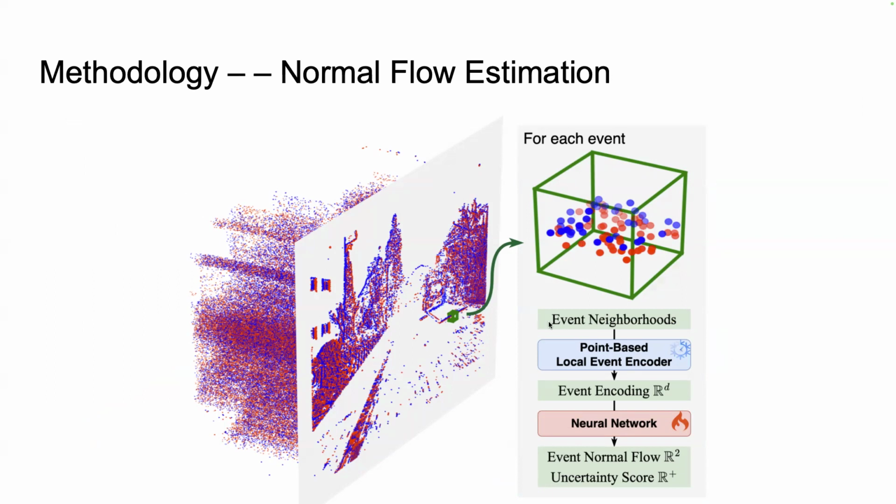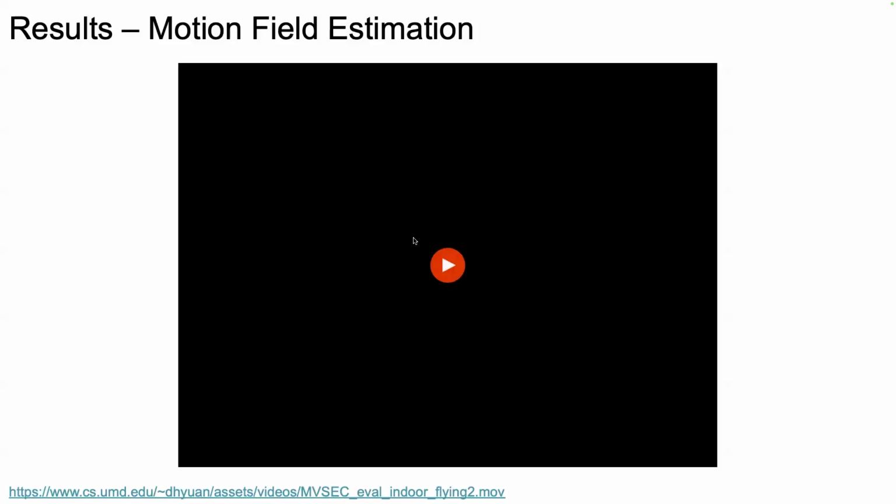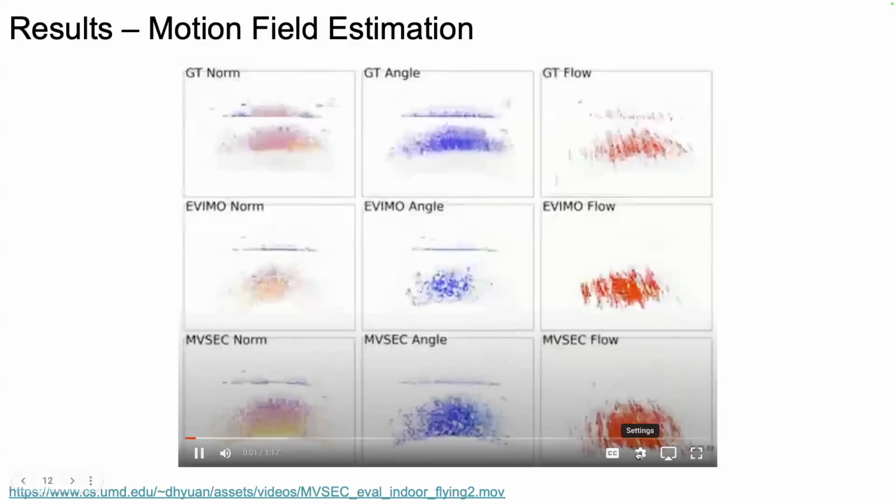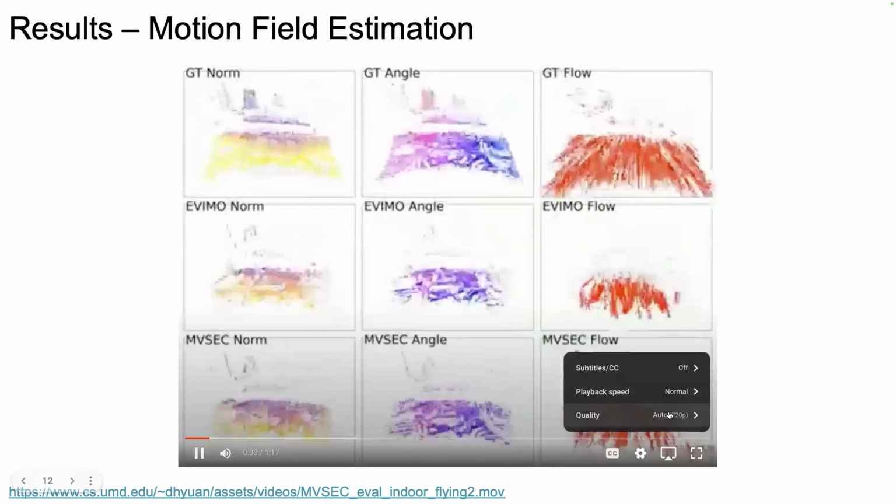You just get the event neighborhood, construct the event encoding, and pass it to a neural network, and then you train the neural network to predict the event normal flow. So this becomes a per-event normal flow. This is an extremely simple architecture, and I can show you some results that demonstrate the performance of this.